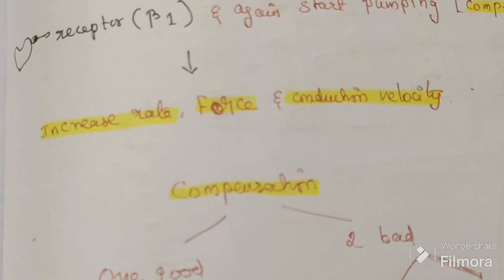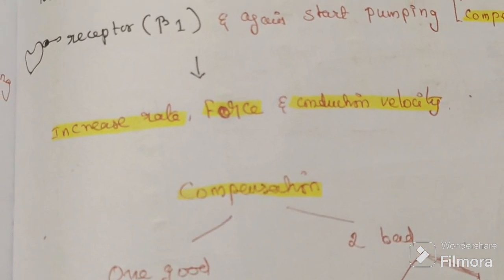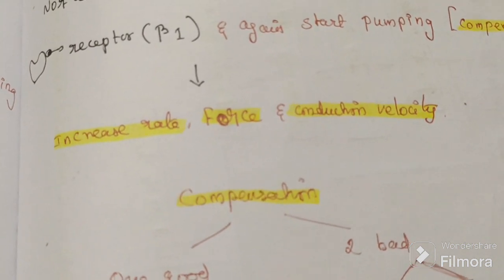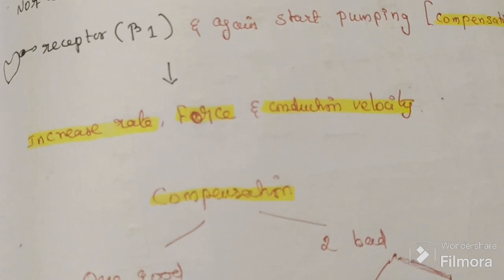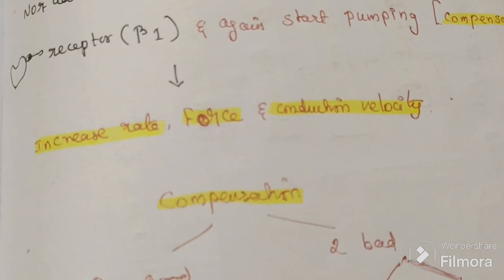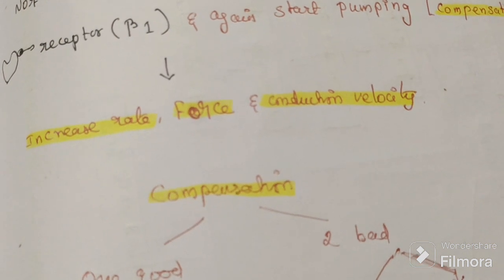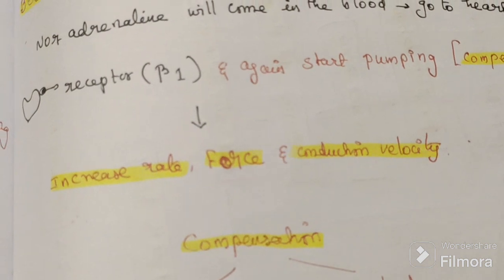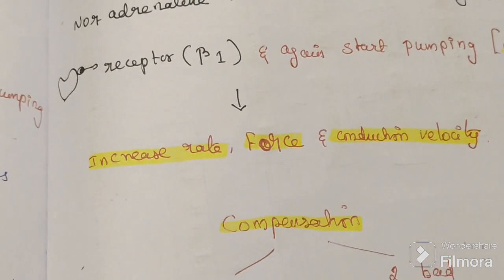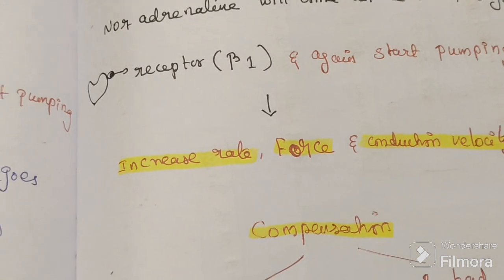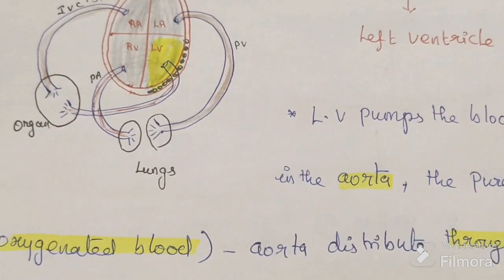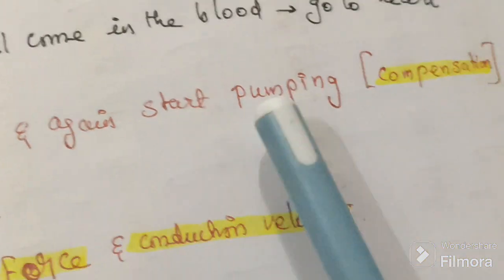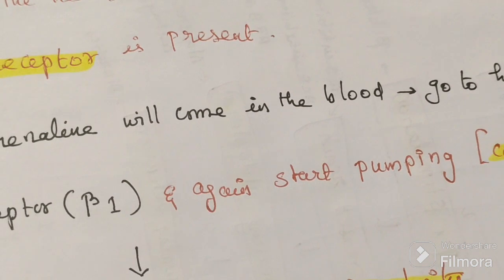Whether the cause is weak muscles, sometimes MI, cardiomyopathy or cardiac tamponade, whatever the disease, the heart temporarily starts pumping again because of the beta 1 adrenergic receptors present in the wall of those cells. This process is called compensation.